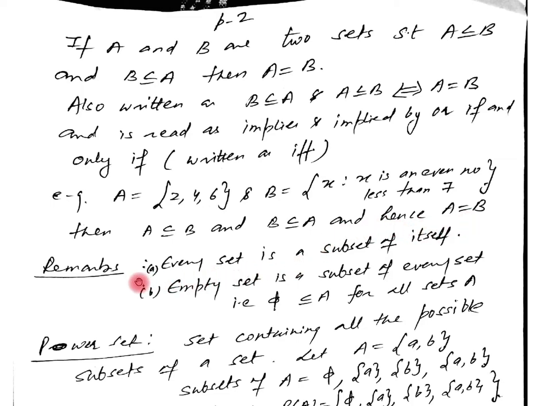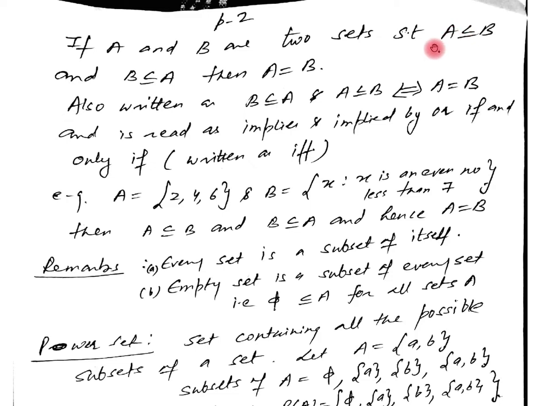Now these are the two important remarks. Every set is a subset of itself. Just make it a point: every set is a subset of itself. Therefore, we are putting this sign of equal here because the subset may be equal to the set. Generally, when you are writing the sign of subset, we are writing it like this, like a C with a sign of equal.